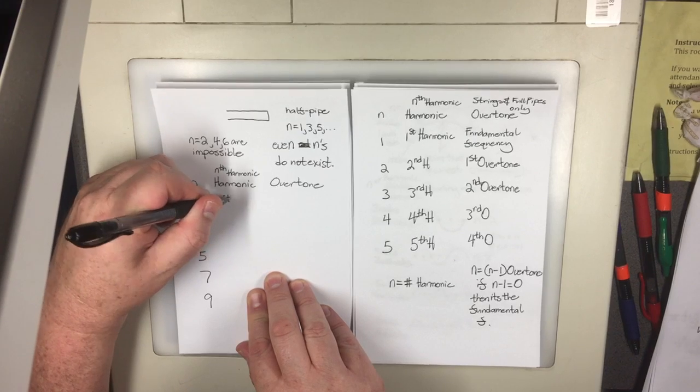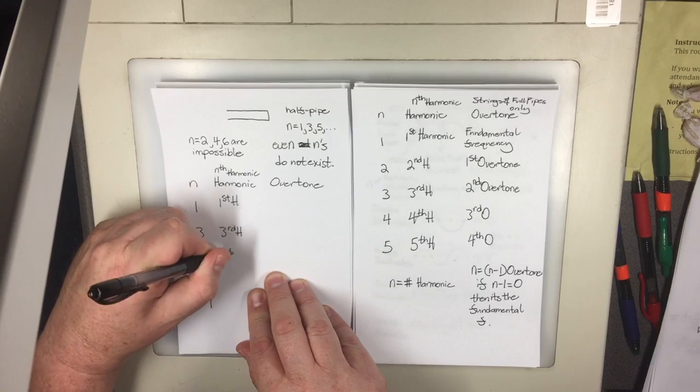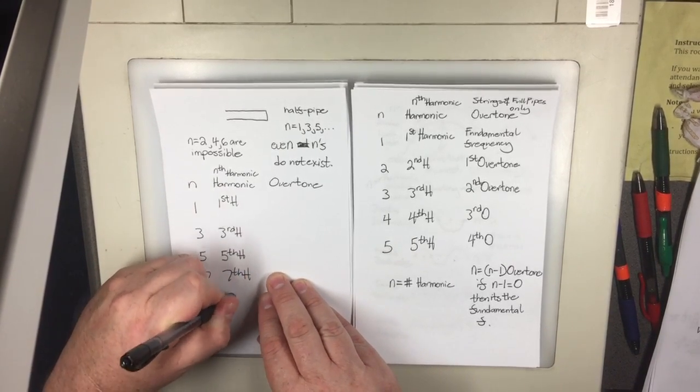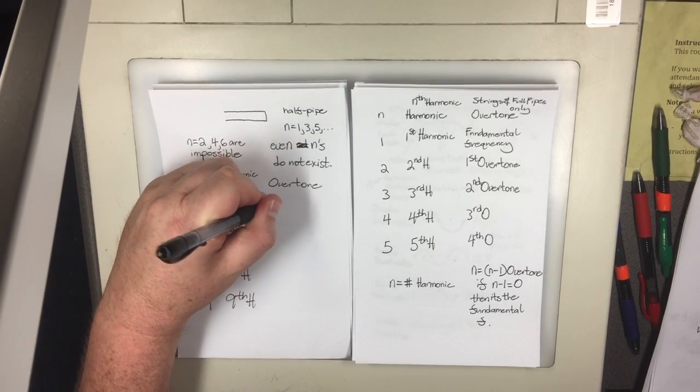So first harmonic, third harmonic, fifth harmonic, seventh harmonic, ninth harmonic, etc. So in terms of the harmonic naming convention, second, fourth, sixth do not happen. The overtone system doesn't really care. Its definition is that the first resonating frequency is its fundamental frequency.